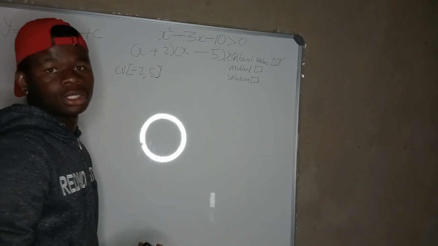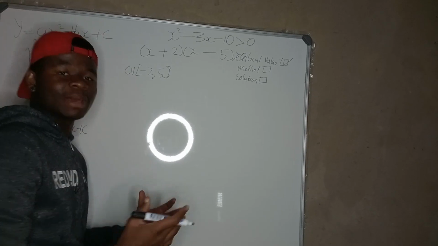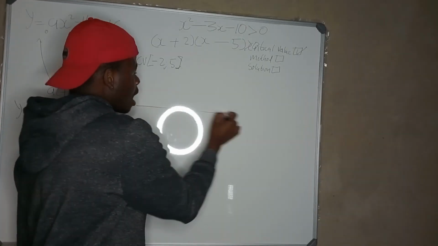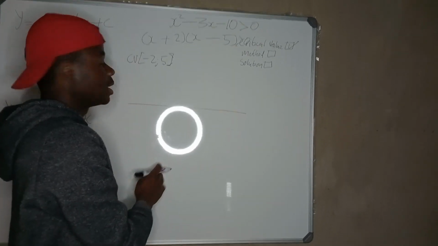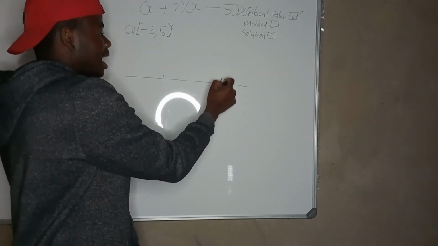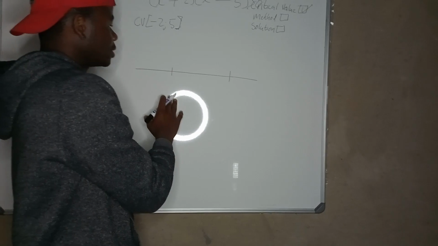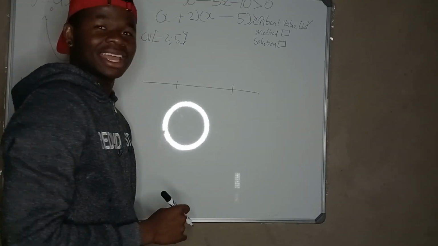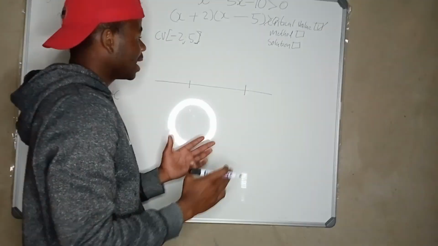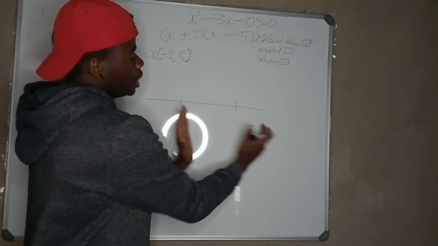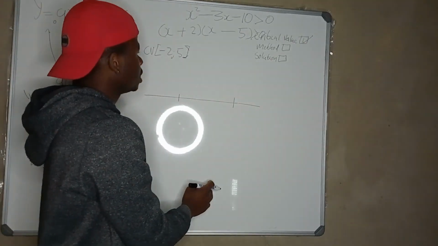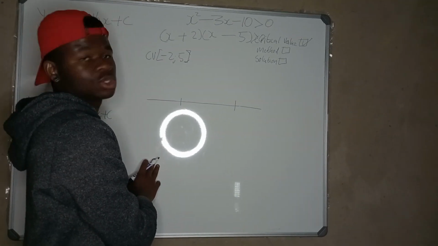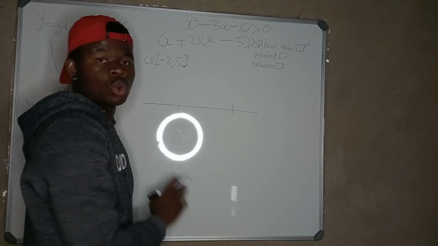When we are creating the method, you have to create a number line. On that number line, you put the dashes for your critical values. On the number line, we start from the smallest to the biggest. Between the two numbers, the smallest is negative 2.